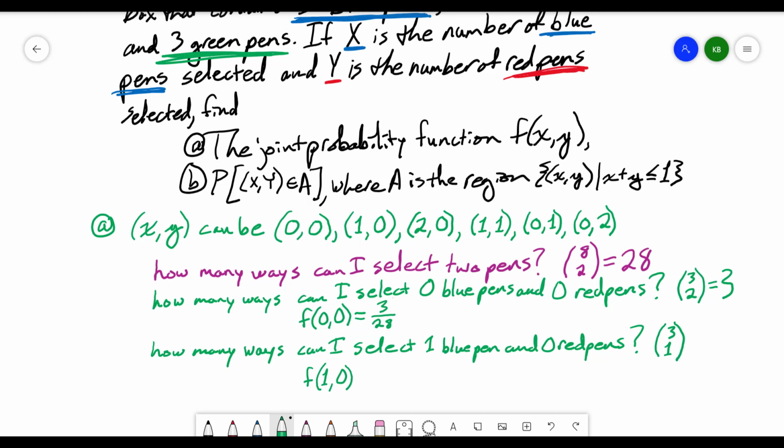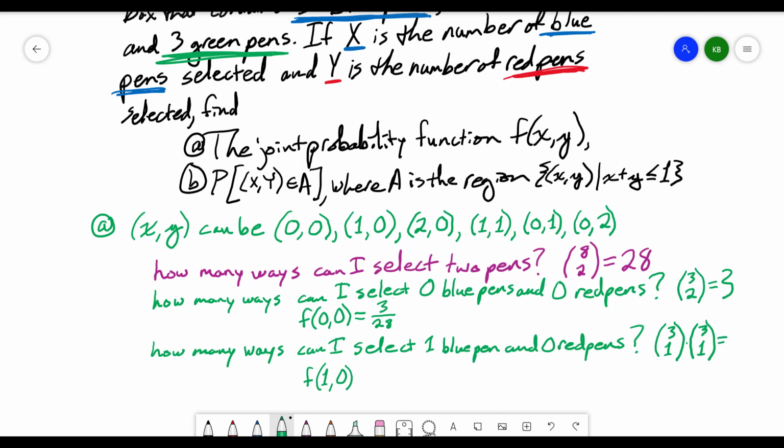Now, to get 0 red pens means that my second pen must be green. So I can take the 3 green pens and choose one of those as my second pen. Then, because of my counting multiplication rule, I'm going to multiply these 2 numbers together to get the total number of ways.